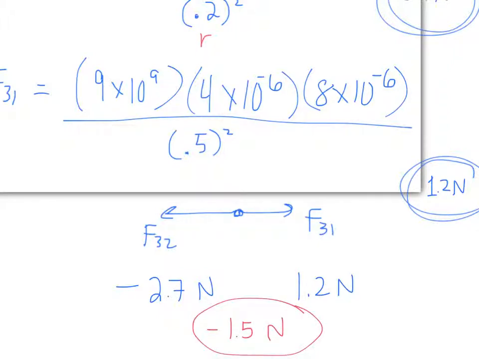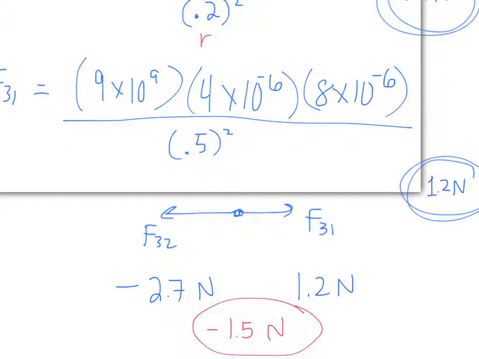So we could summarize this by saying that particle 3 feels an overall pull to the left because it's negative. Sure, particle 1 pushes it to the right, particle 2 pulls it to the left, but particle 2's pull to the left is stronger than particle 1's push to the right.